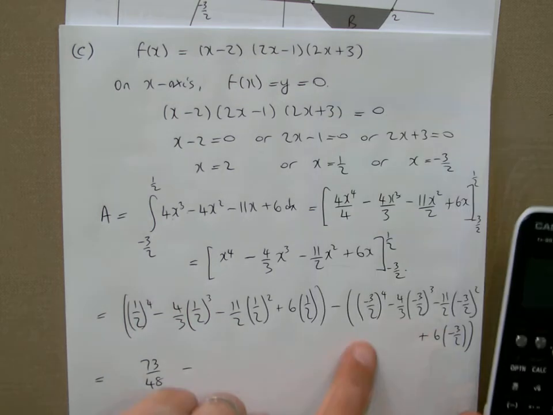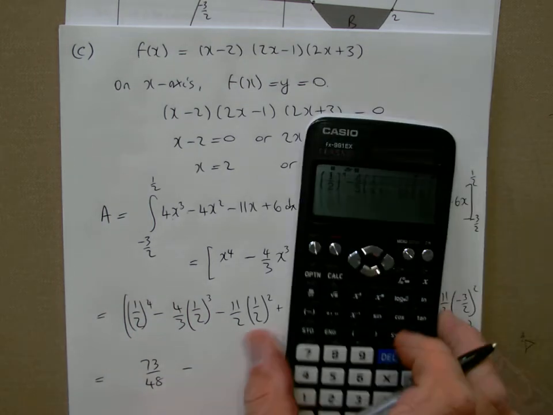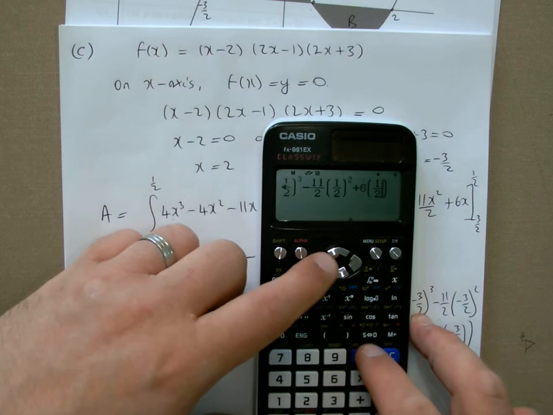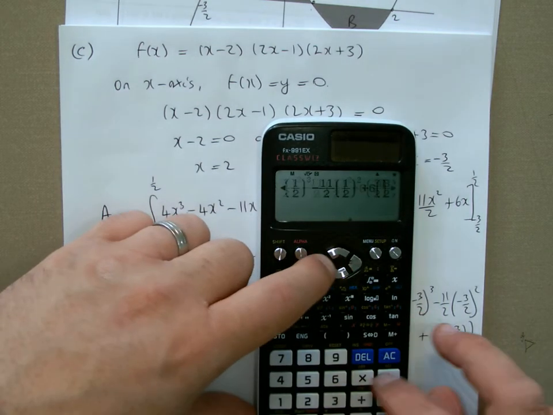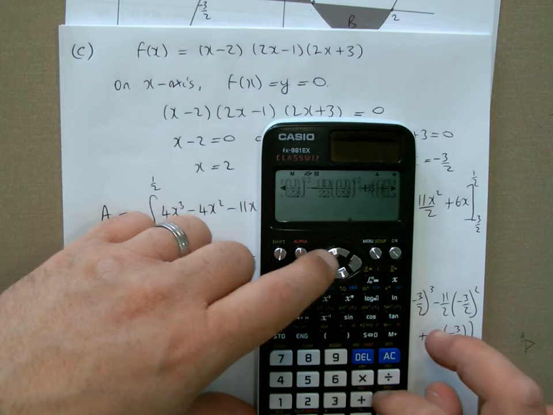Take away then, so what I want to do then is put minus 3 over 2 in, right? So obviously now I go back on my replay button. Put minus in there.